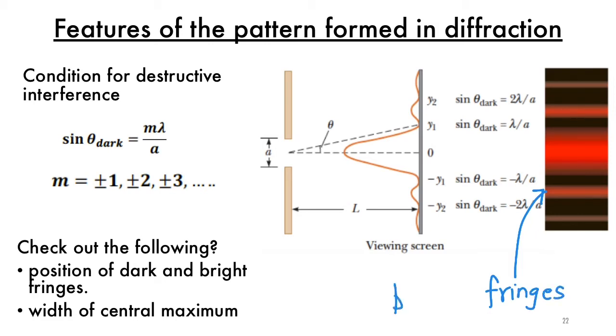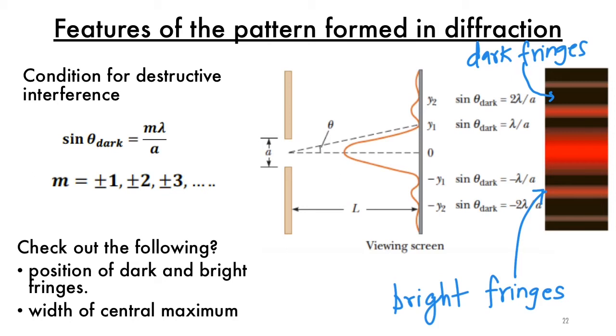Here this is a bright fringe, and we can also see dark fringes being formed. So it's a pattern of bright and dark fringes which we see on the screen.